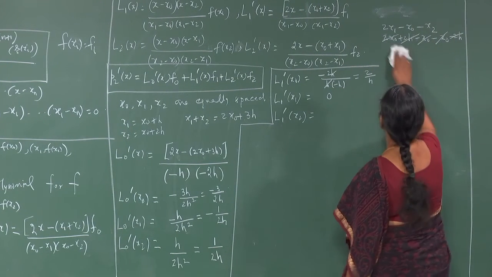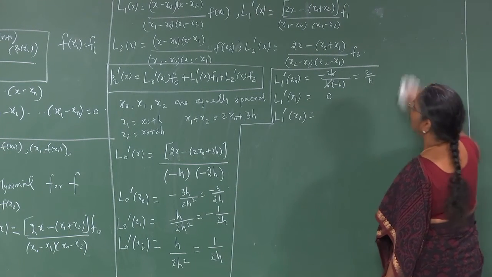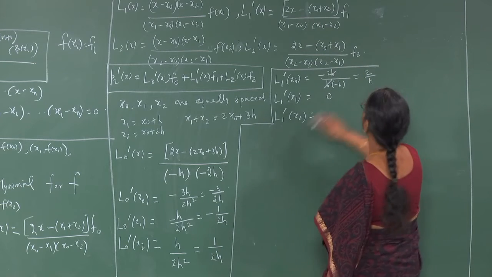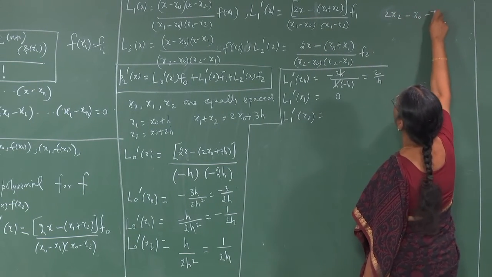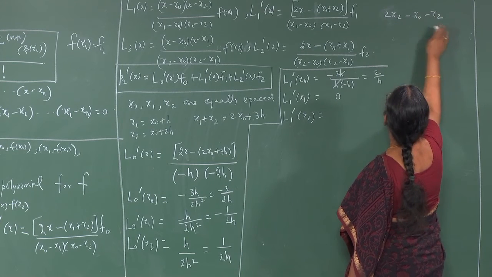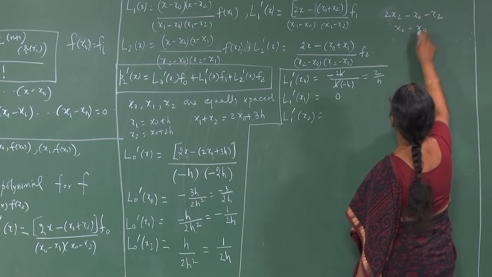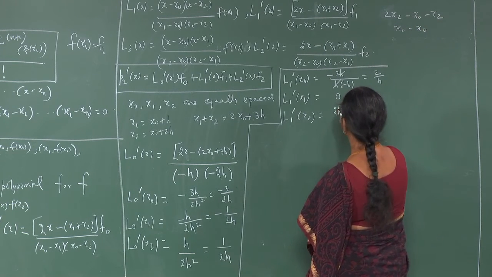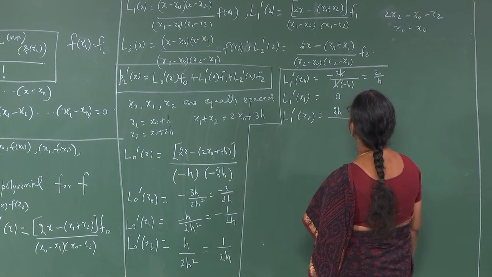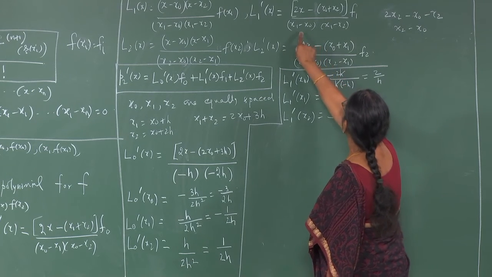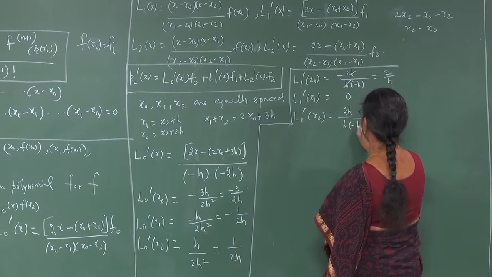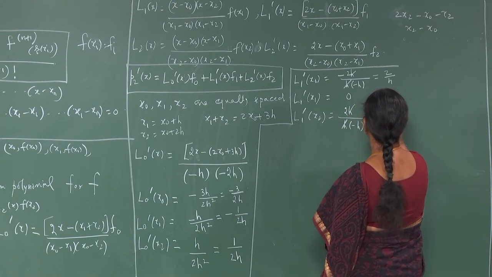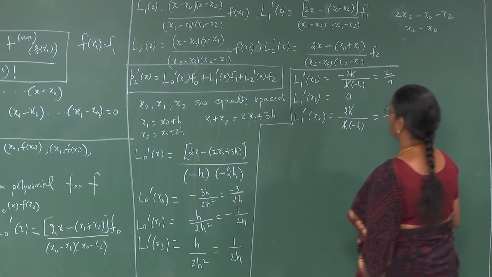So, let us now compute L1 dashed at x2. So, 2x2 minus x0 minus x2. So, that will give you x2 minus x0, which is 2h, and the denominator is h into minus h, and that will give you minus 2 by h.